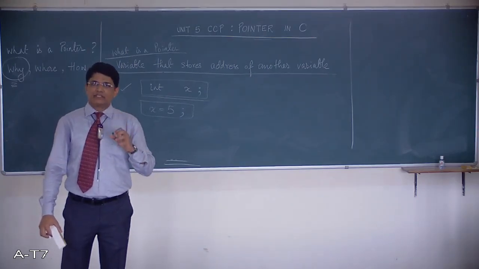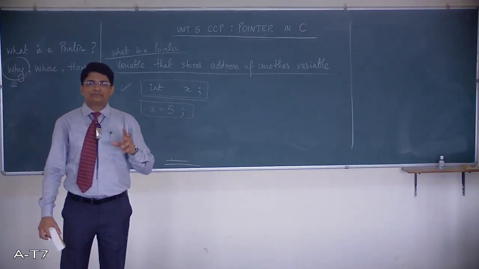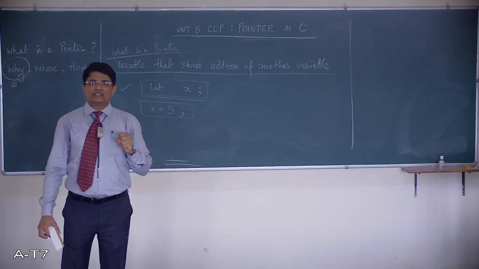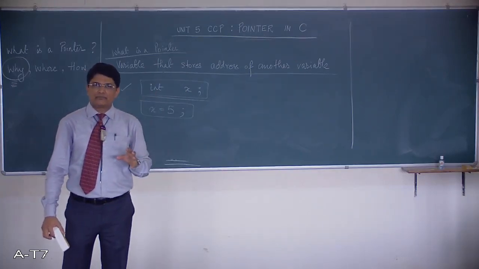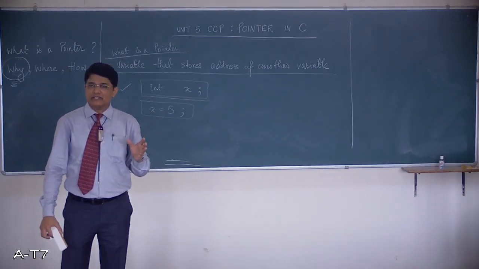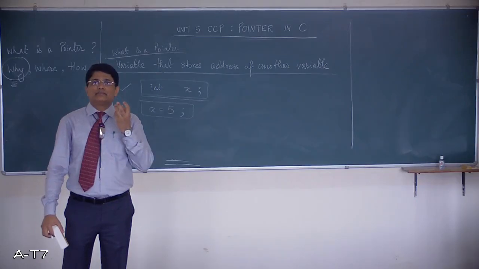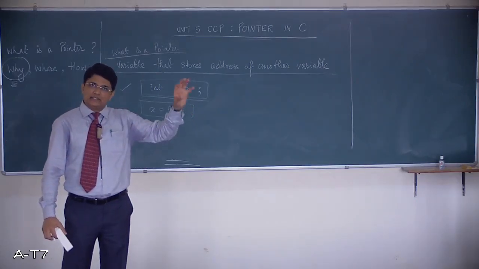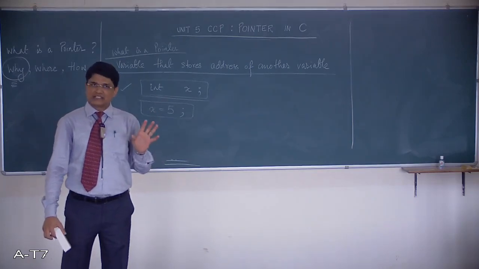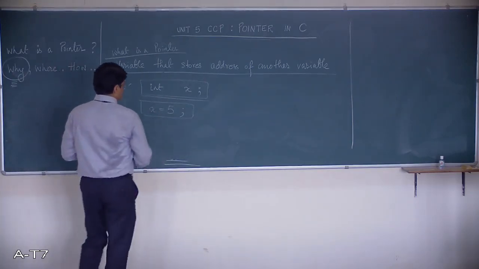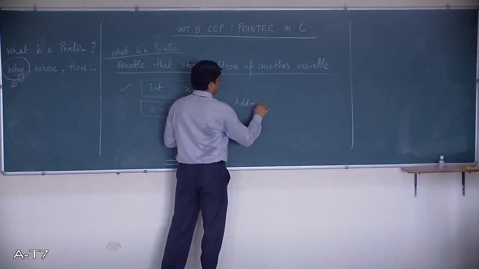Has x been declared previously? If so, then what is the address of x? It will have to fetch the address of x from somewhere called a memory address register. If x has been declared previously, it will find the address, take 5, go to that address, and store the value 5 at that address of x. So this terminology, address of x, is very important.